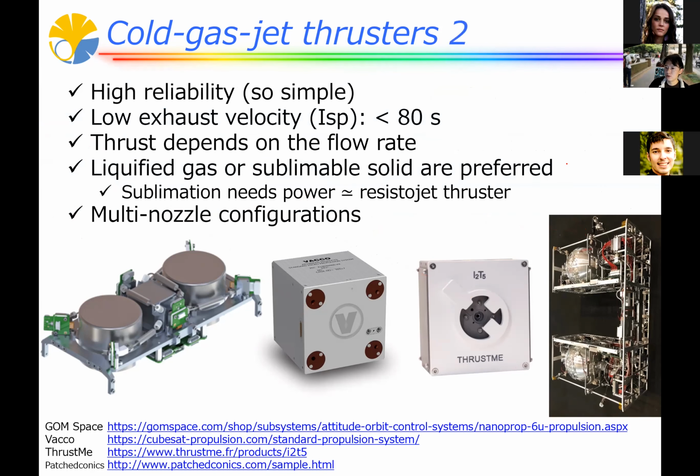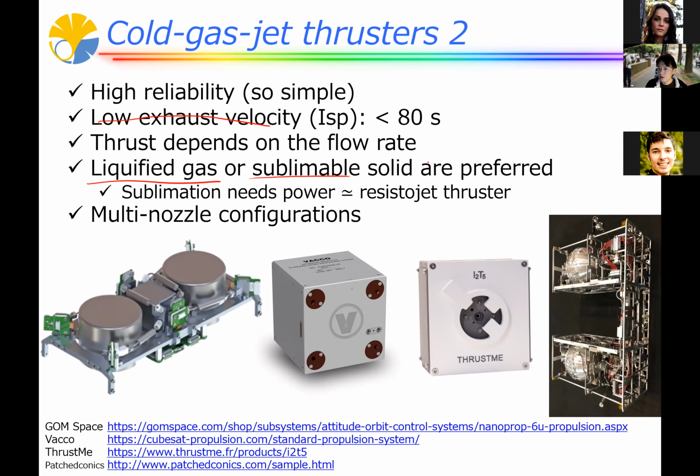So these are examples of cold gas thrusters, and these are features. The most remarkable feature would be high reliability. Very simple, the simplest principle. But its exhaust velocity is not so high, typically less than 80 seconds, and thrust depends on the flow rate. Typically, liquefied gas or sublimable solid is used for CubeSat and microsatellite usage.